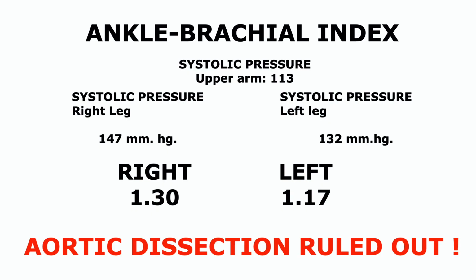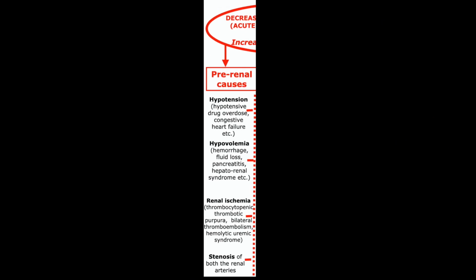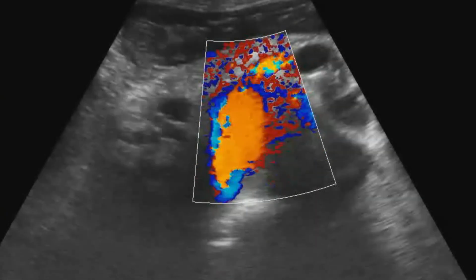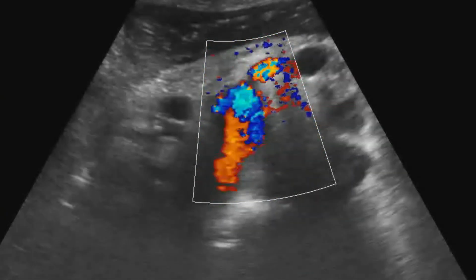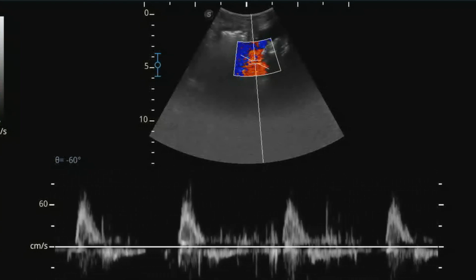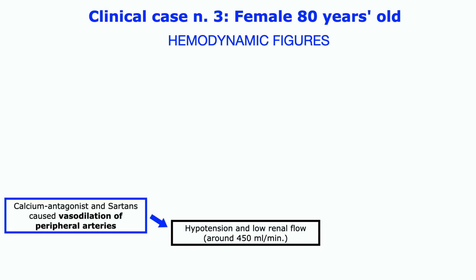Afterwards, the differential diagnosis of the impaired renal filtration focused on prerenal causes, and the continuous wave Doppler performed from the renal arteries upstream enabled to build up complete hemodynamic figures. The total flow per minute to the kidneys was decreased to around 450 milliliters per minute, far less than the 1000 milliliters expected.